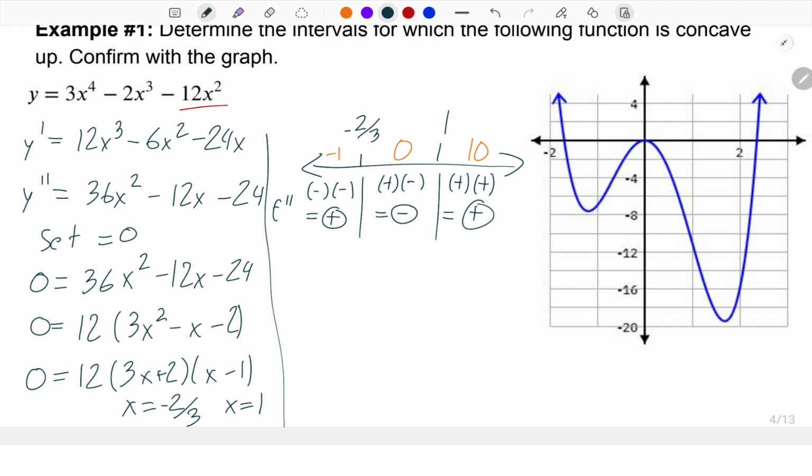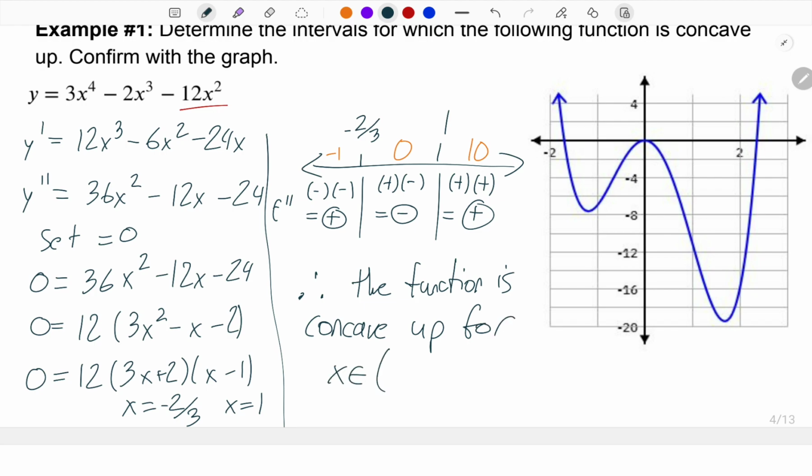It's just positive. And so therefore, the function is concave up for x an element of -infinity to -2/3 union 1 to infinity.